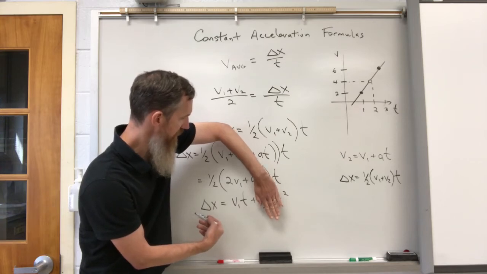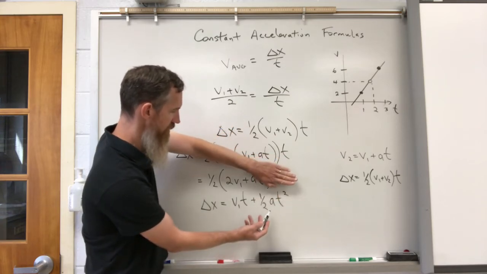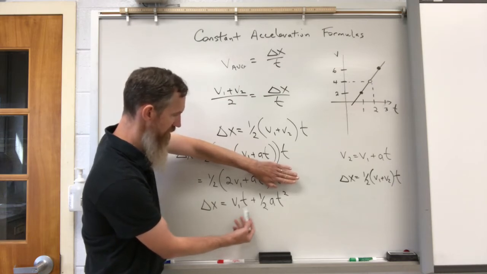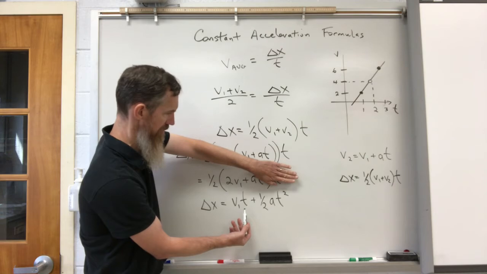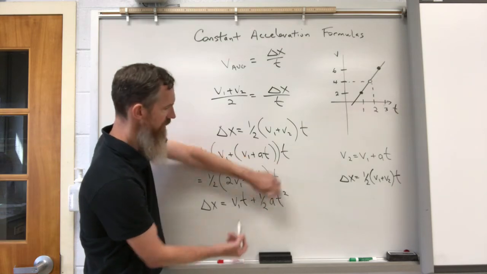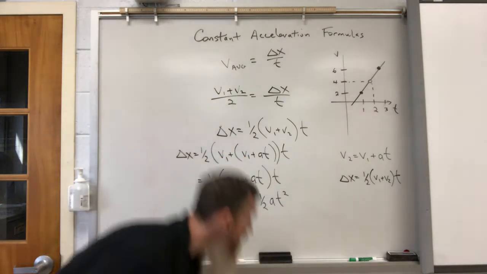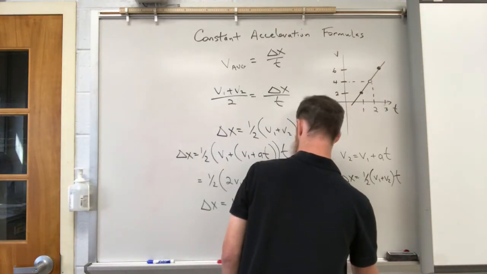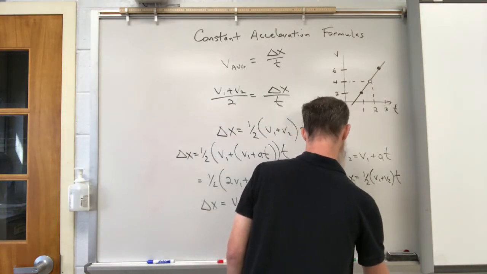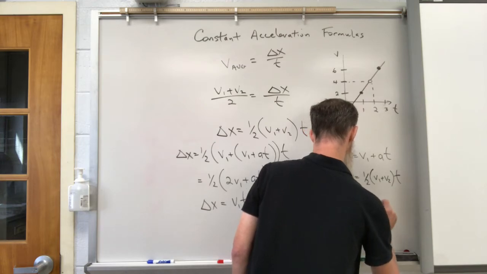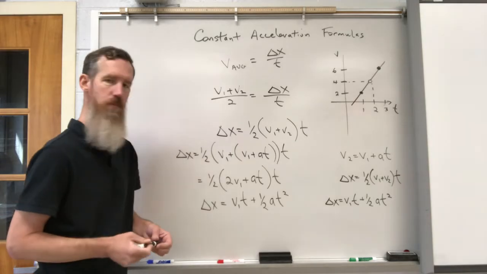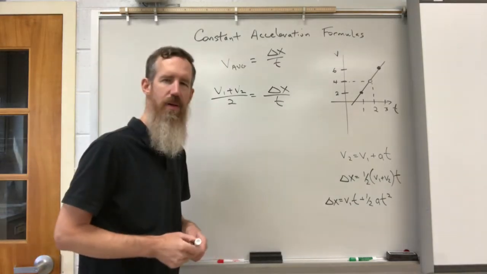But we're not at a constant velocity. We have an acceleration, so that's going to either add or subtract to the distance that would have been traveled at the constant speed. So I'm going to put this formula over here, and I have this. So that's pretty good.